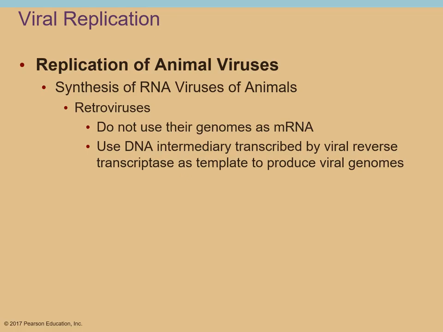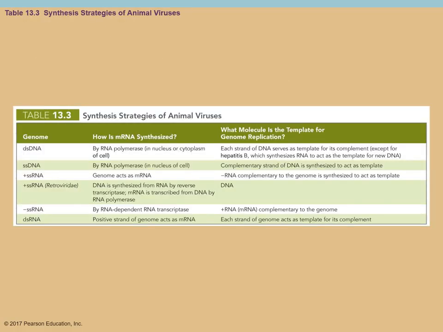Retroviruses, they will not use their genome as mRNA. They're kind of in a unique little group. They're going to use DNA as an intermediate. Basically, what they do is they use their original RNA as a template to make DNA.